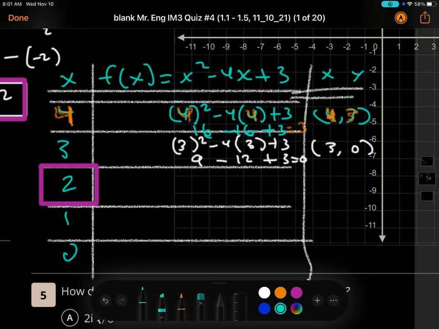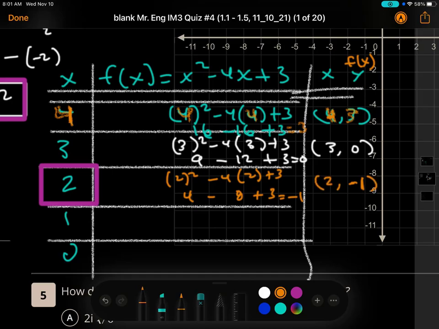Let's go ahead and put in a 2. Let's do orange. 2 squared minus 4 times 2 plus 3. 4 minus 8 plus 3, negative 4 plus 3 is negative 1. So my answer goes on the second part over here. So f of x is the same thing as saying y.